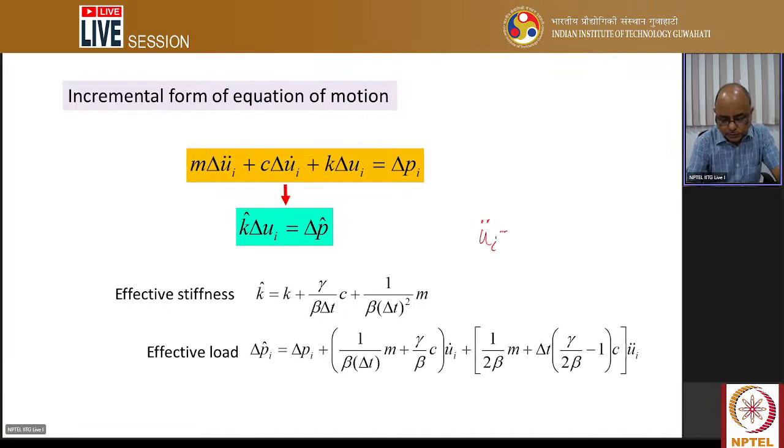Ui double dot equal to m inverse, that is 1 by m for a single degree of freedom system, times Pi, the force, minus C Ui dot minus K Ui. So from this equation, once the displacement Ui and velocity Ui dot are given, it implies that Ui double dot can also be obtained from this equation of equilibrium.